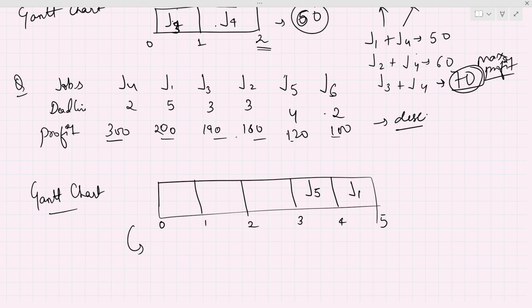So who gives maximum profit? J3 gives a maximum profit, so I write J3. I am not writing J2. We can write J2 here and here as well, but currently I am not writing J2 here. Why am I not writing J2 here?